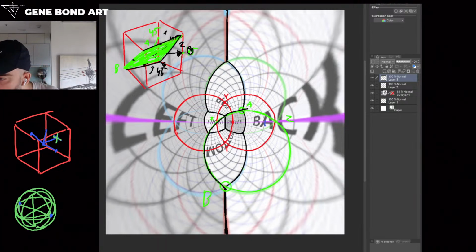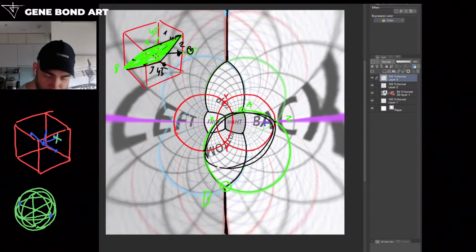Now, interesting how an ellipse will look here. Let's check it out. Let's draw an ellipse here. So we have 1, 2, 3, 4. The ellipse will look something like this. Crazy.